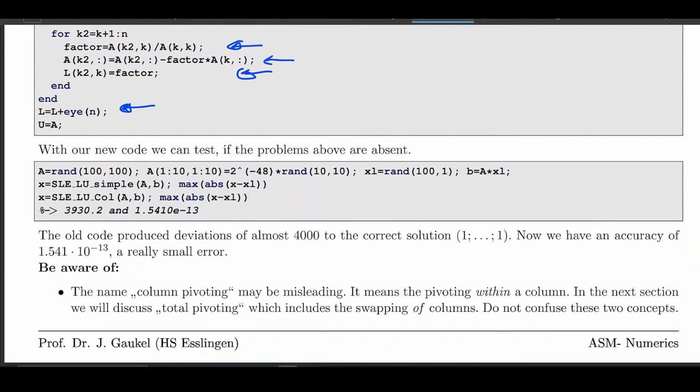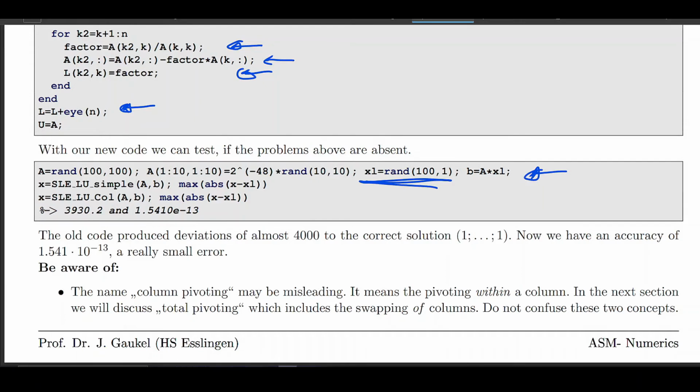Now we can test our code, and let's check if that idea helped. So far it's an idea, but we can't be sure that the problems are healed. So let's check. Let's have our coefficient matrix. Let's have our right hand side.